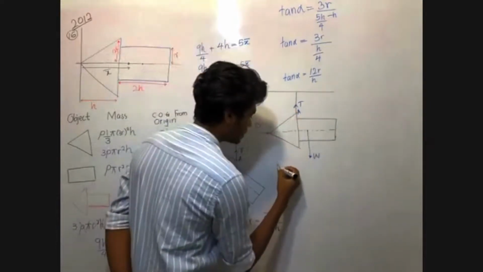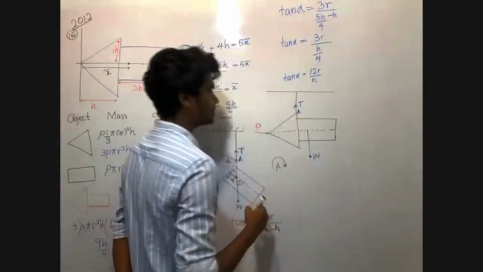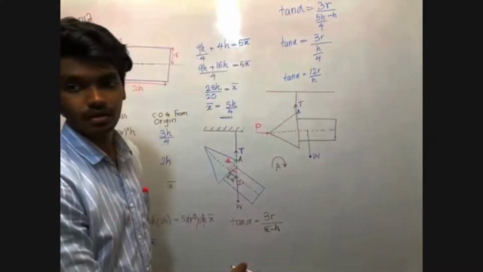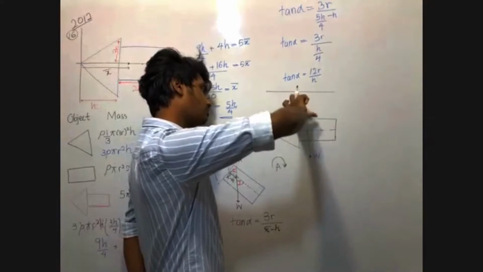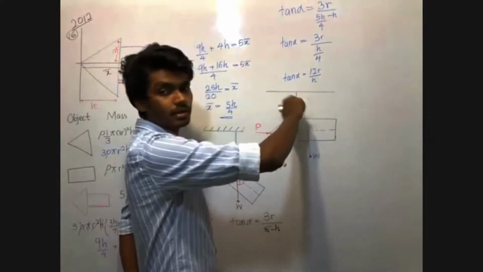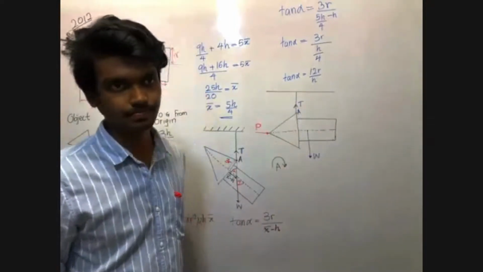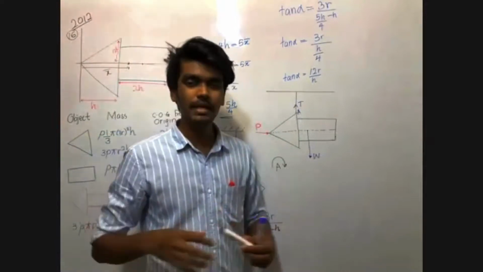Around A, I will take a moment. If this is in equilibrium, the moment around A in the anti-clockwise direction should be equal to the moment around A in the clockwise direction. Simply applying a moment, right?